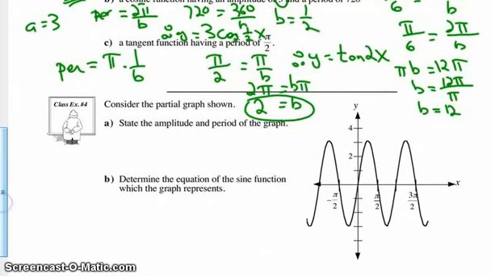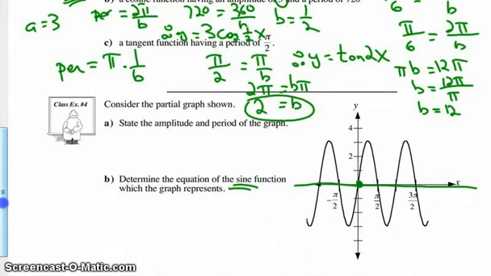And now you have graphs, state the amplitude and the period of this graph. Here's where you really need to know your critical points. This is speaking about, in this case, sine. So when I look at my graph that you have in your paper, where's my critical starting point for sine? Normally sine starts right there.